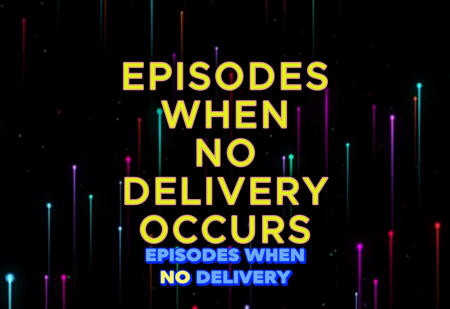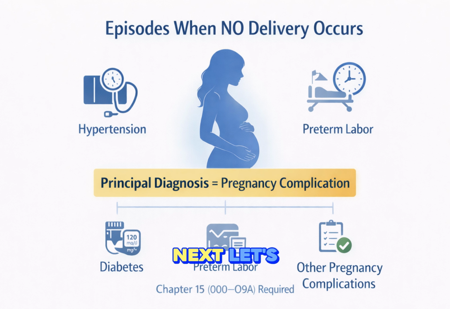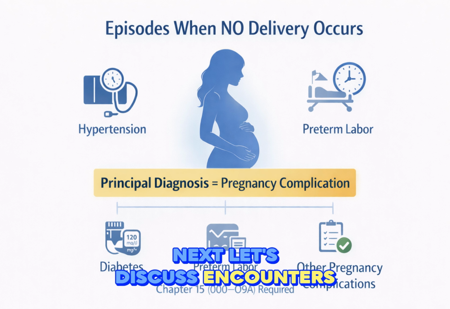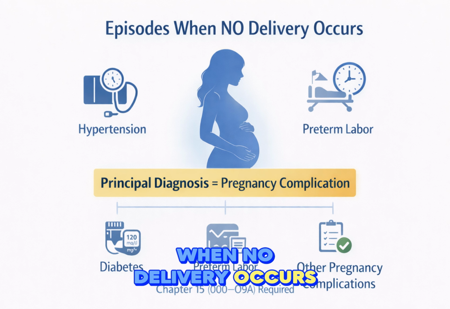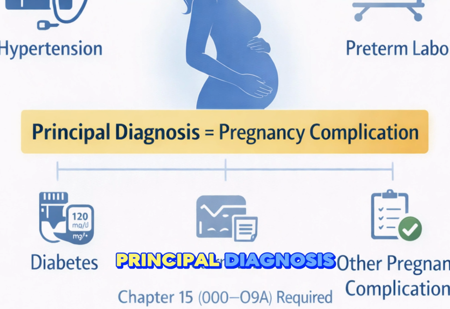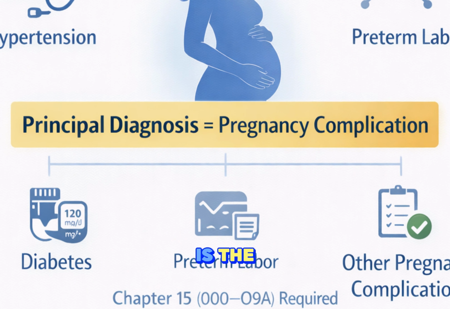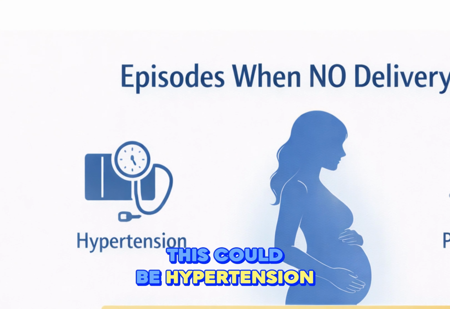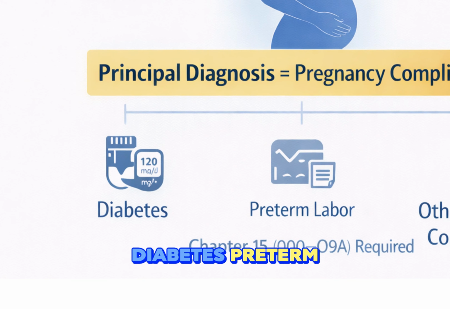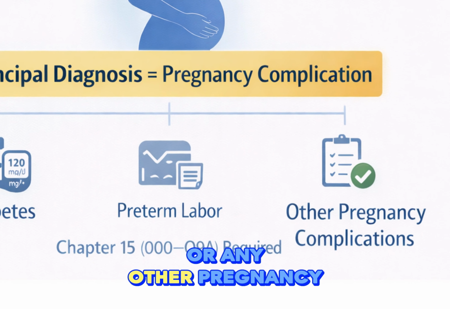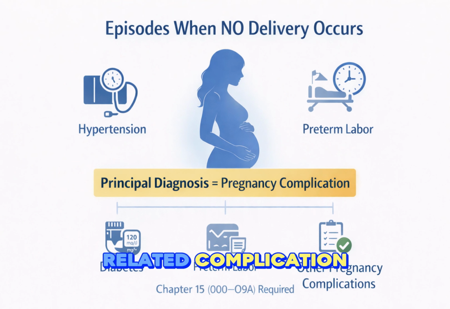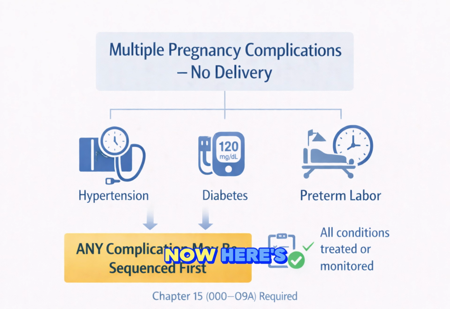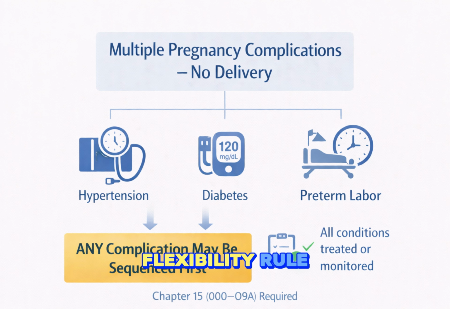Episodes when no delivery occurs. Next, let's discuss encounters when no delivery occurs. In these cases, the principal diagnosis is the principal complication of pregnancy that required the encounter. This could be hypertension, diabetes, preterm labor, or any other pregnancy-related complication. Now, here's an important flexibility rule.